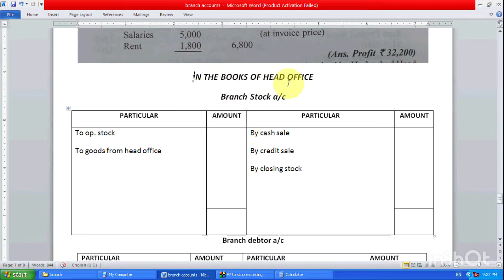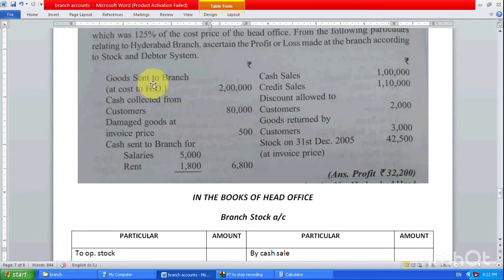So now we have to answer with the stock and debtor system. In the books of head office, let's prepare the ledger account of the branch stock account. Here first, write only entries related to stock. Goods sent to branch, how much goods sent? 2 lakh rupees.